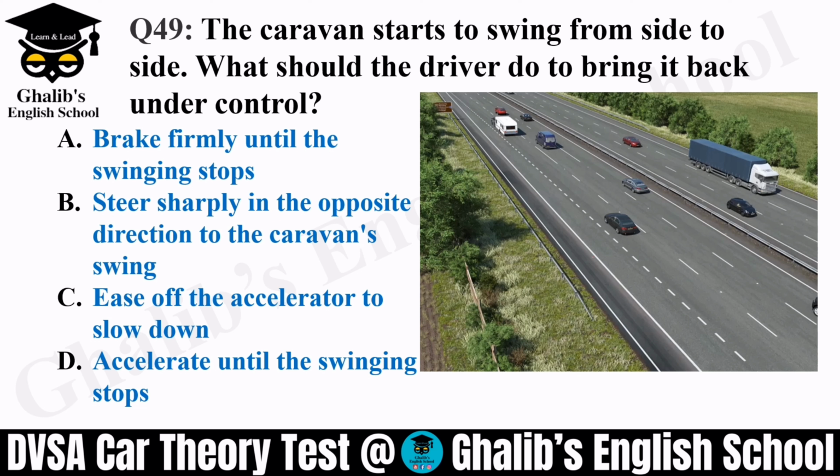Should they brake firmly until the swinging stops, steer sharply in the opposite direction to the caravan swing, ease off the accelerator to slow down, or accelerate until the swinging stops? Let's play the video clip and see which could be the right option.